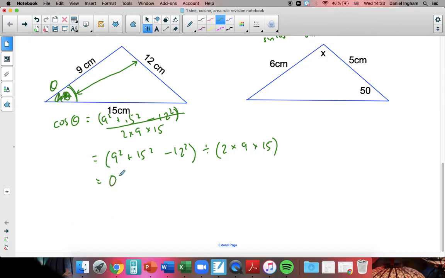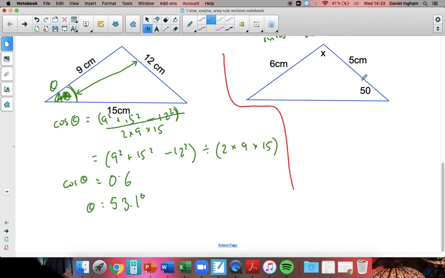For this one you get 0.6, but remember that's cos theta, so theta is shift cos 0.6, which is 53.1 degrees.